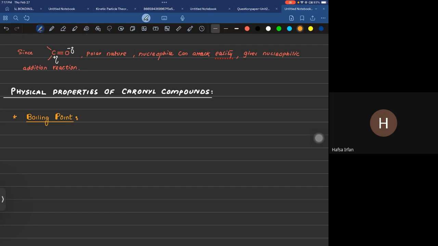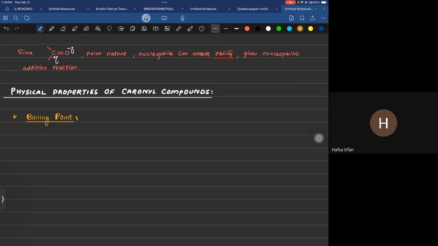The simplest aldehyde is a gas. As the number of carbons increases, the intermolecular forces of attraction are going to get stronger. So ultimately, we can say that the melting and boiling point would be increasing.